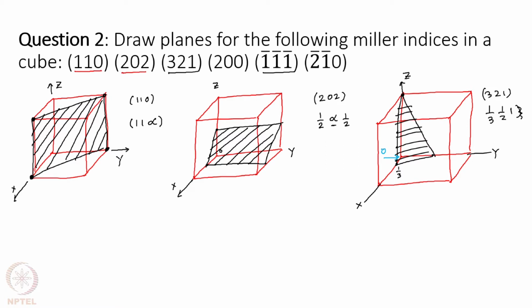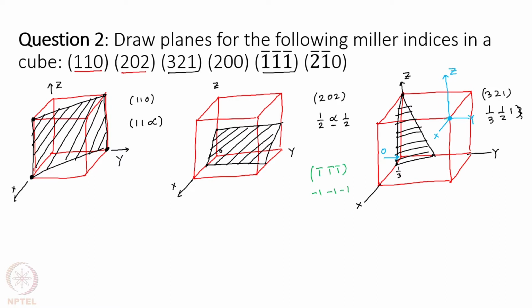be negative. So to do that, we choose the other diagonally opposite point as the origin and make it x, y and z in this direction. So now if the plane is 1 bar, 1 bar, 1 bar, the intercepts are going to be -1, -1, -1.